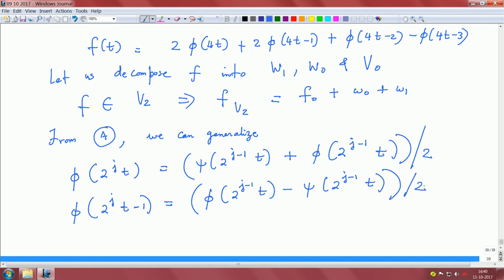This is a generalization. We could visualize it for V0 and V1. So, we can now extend it to arbitrary scale. This is a straightforward generalization.